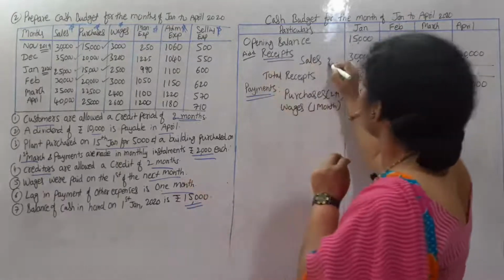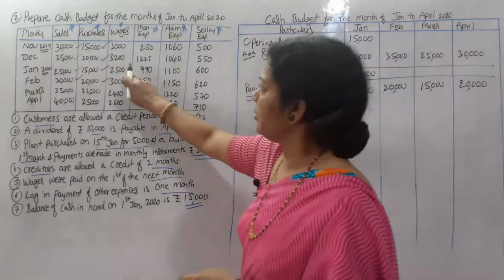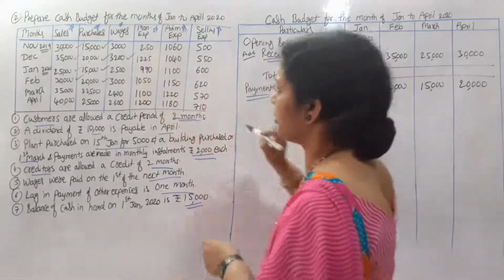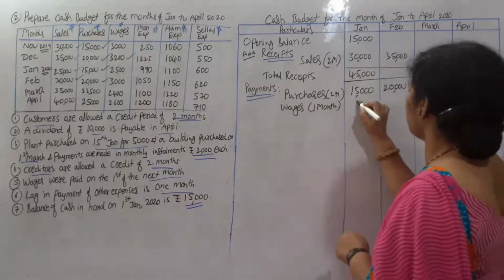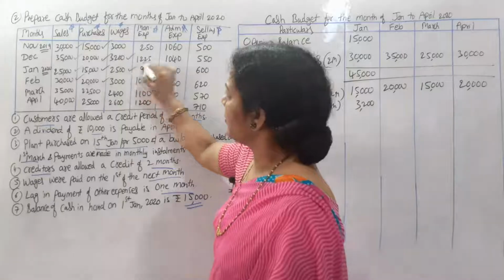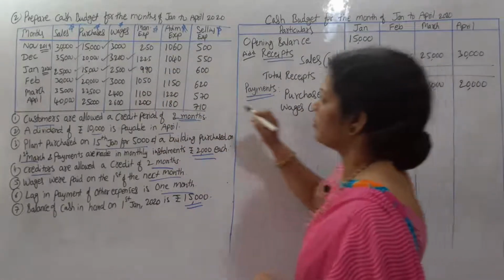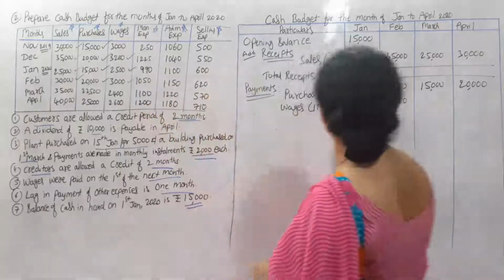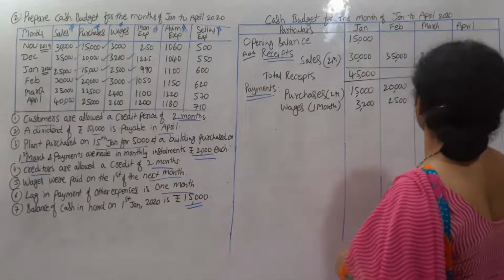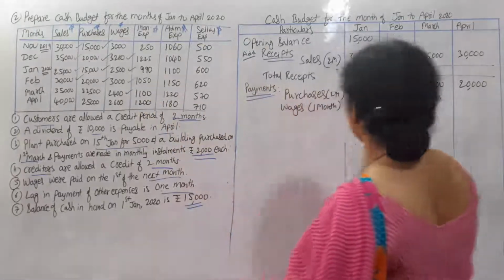Wages 1 month. So for January we will take the December figure, 3,200. For February 2,500. For March 3,000. For April 2,400.